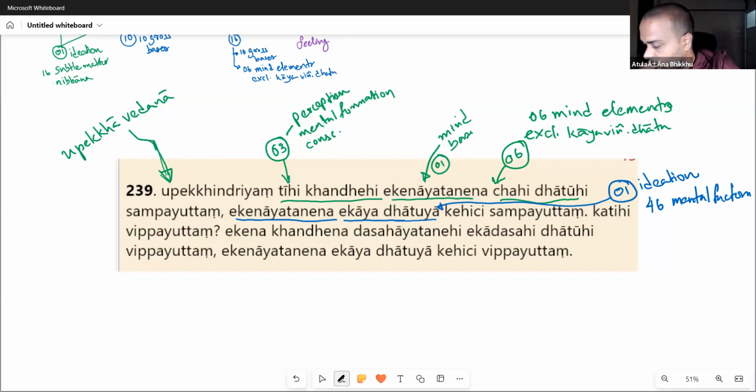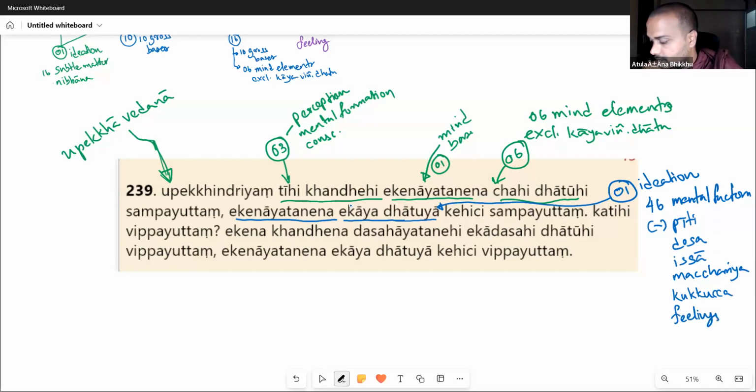We have to remove piti, then deduct dosa, issa, maccariya, then the kukucha, right? So now here we have five mental factors, and in addition we have to deduct the feeling as well.